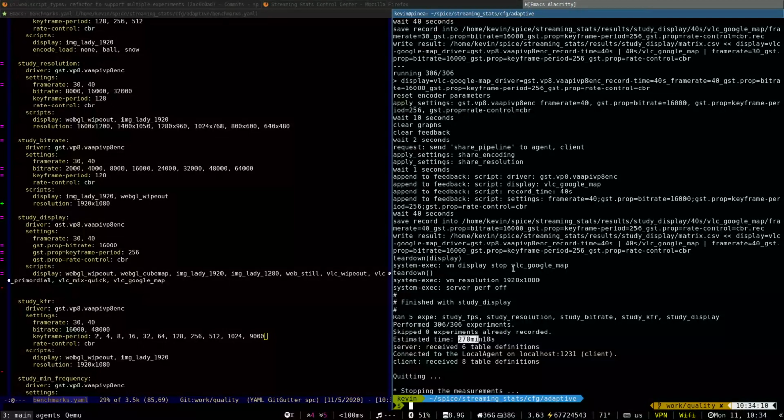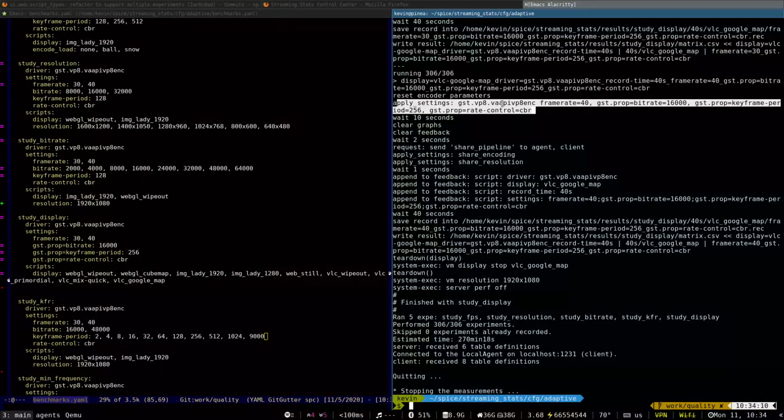And for each experiment, the script will apply the different settings. Here, the settings for the encoder, the settings for the script.